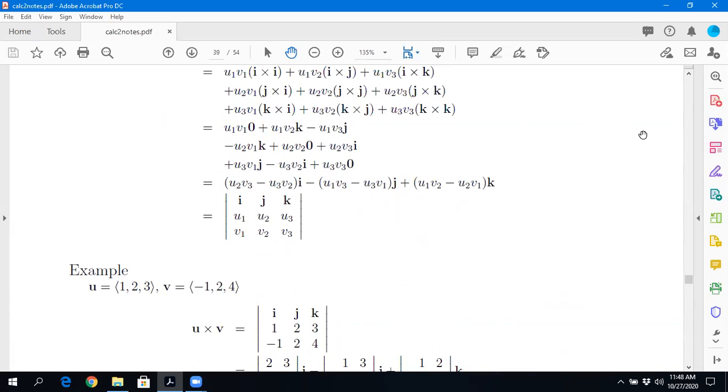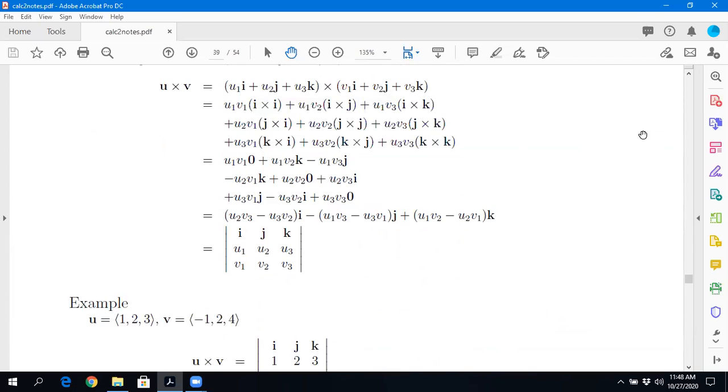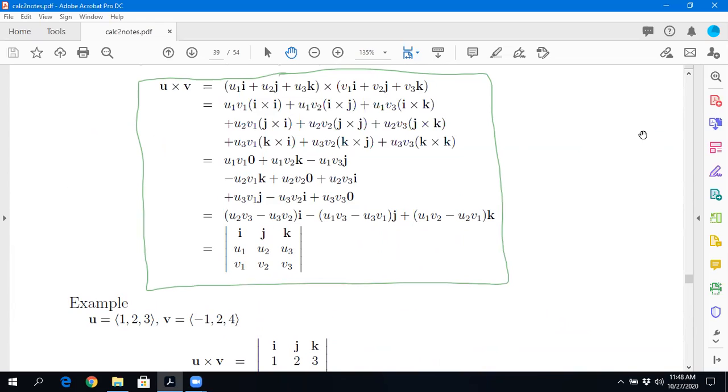It's just the nice formula for the cross product right here. Okay, and again, it looks gnarly, but it's pretty easy to remember by using the determinant of that little 3x3 matrix. Okay. So hopefully that's good.